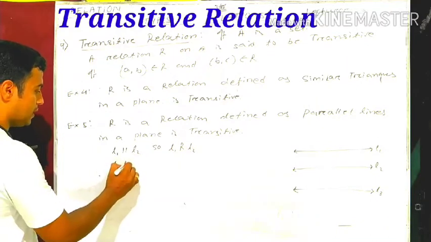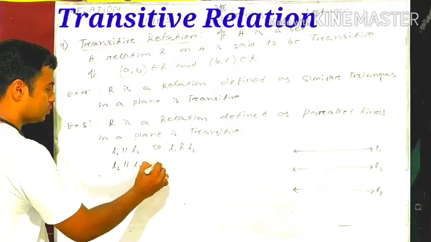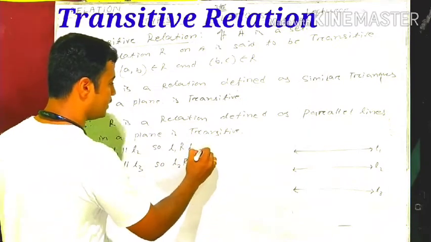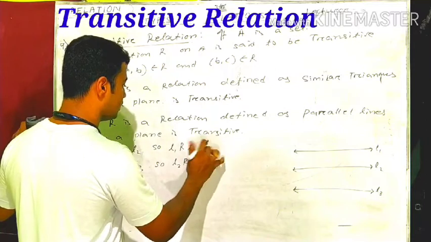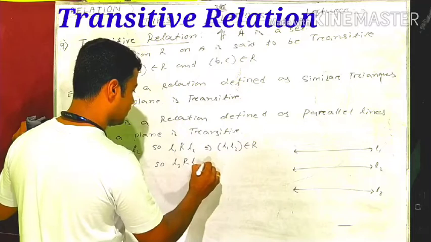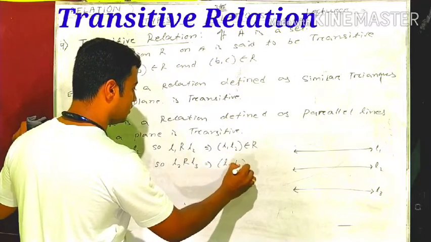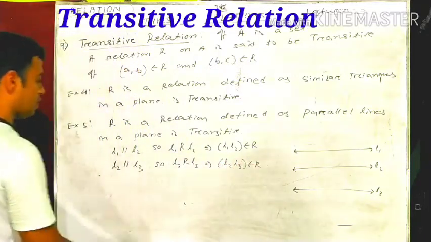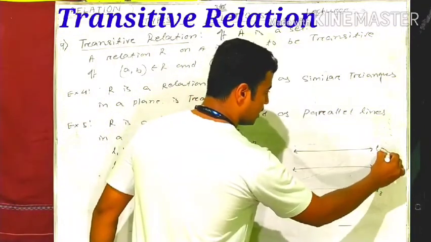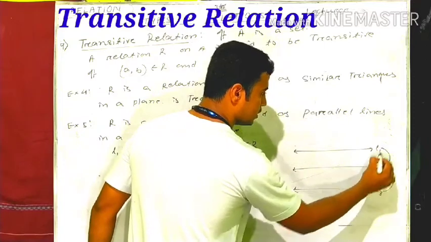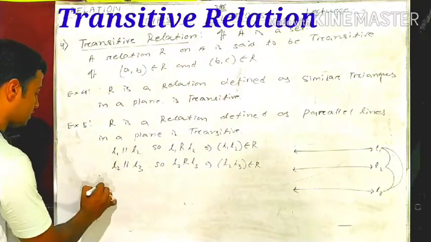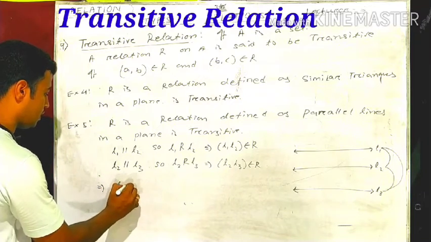L2 is parallel to L3, so L2 is related to L3. That implies (L1, L2) belongs to R and (L2, L3) belongs to R. Now L1 is parallel to L2 and L2 is parallel to L3, so L1 is also parallel to L3.